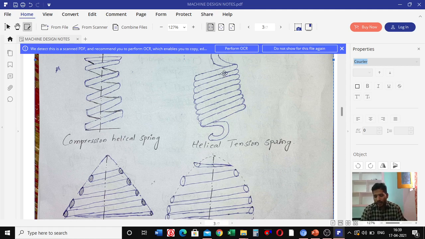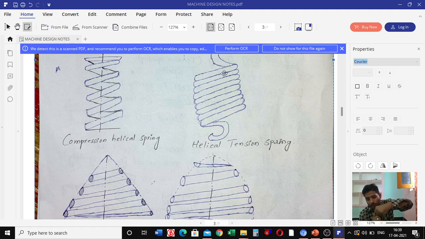In the closed coil helical spring, the distance between this one spring and another is pretty small, the helix angle is lesser than 10 degrees.